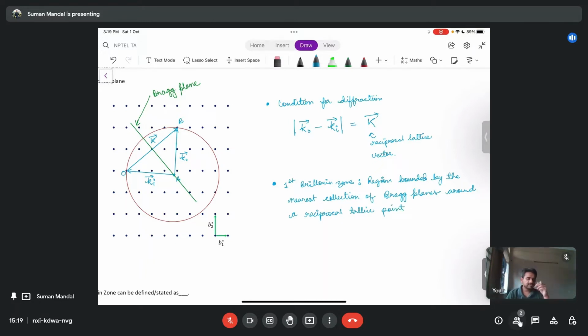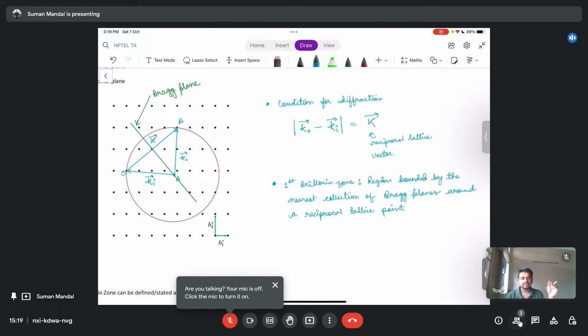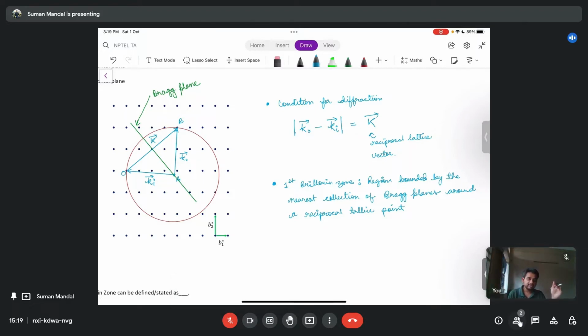We define the cell as the region dividing the space in half, and the Bragg plane is a perpendicular bisector, so it always divides the space in half. So the Brillouin zone boundaries are the boundaries of the Wigner-Seitz cell.